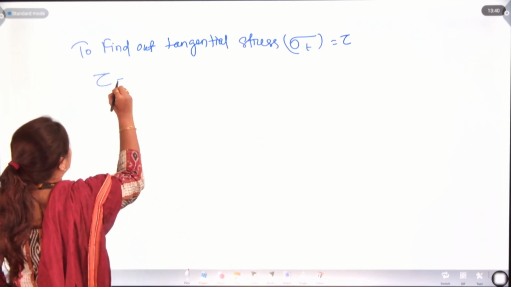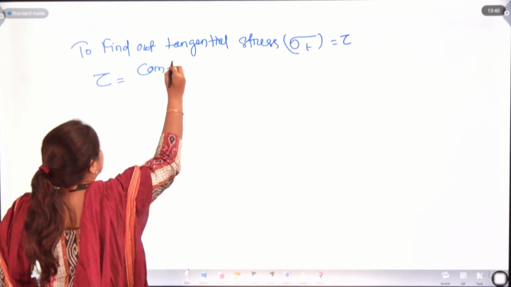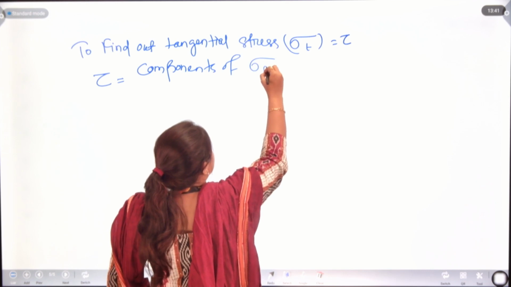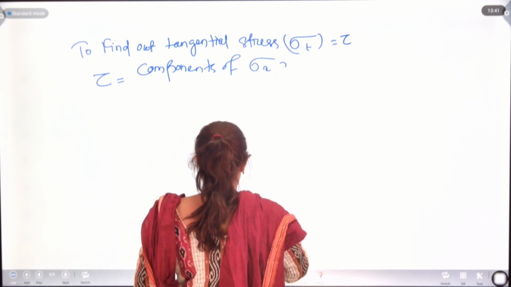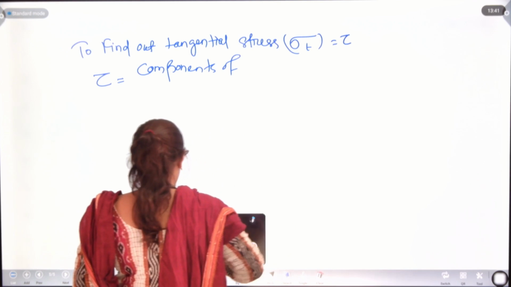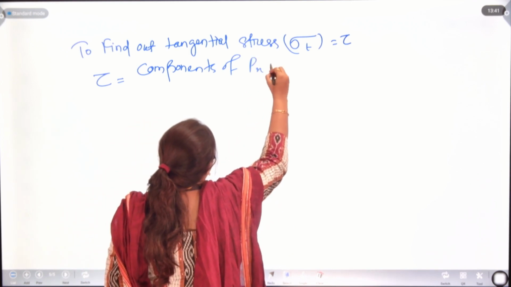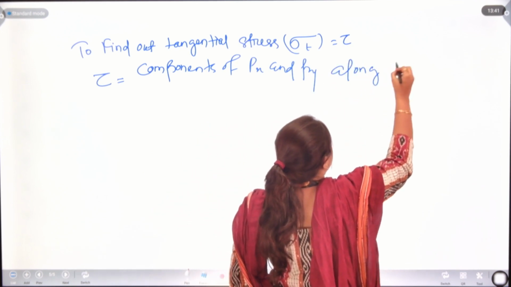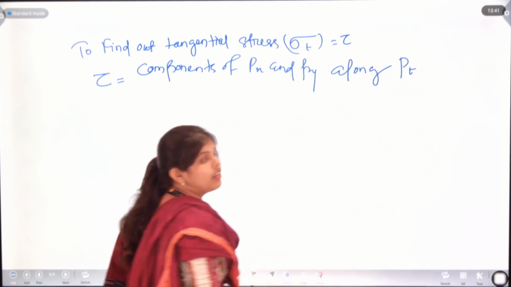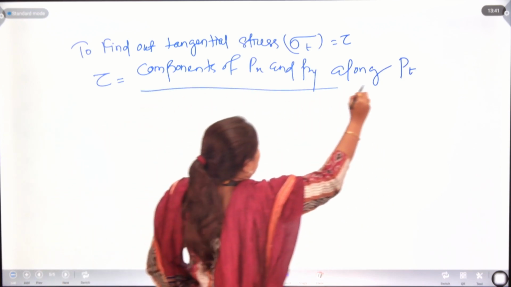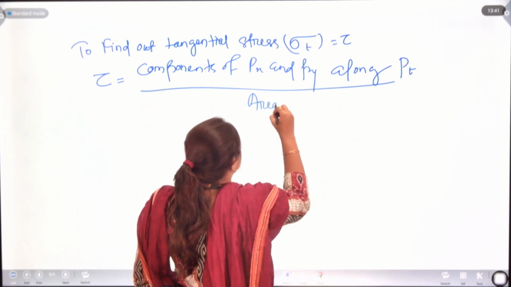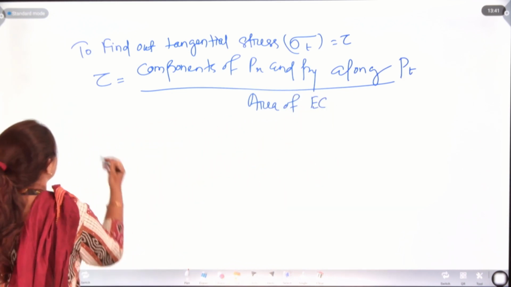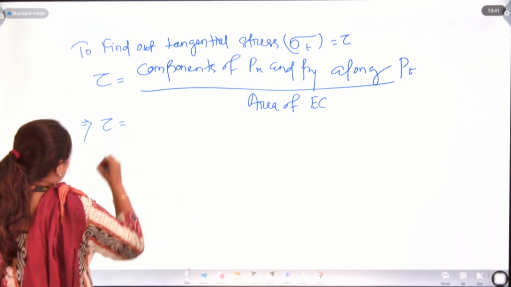So our tau will be components of Px and Py along Pt, that is tangential force, upon area of EC.